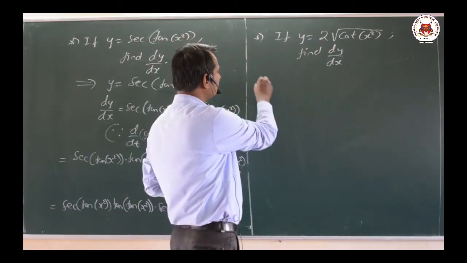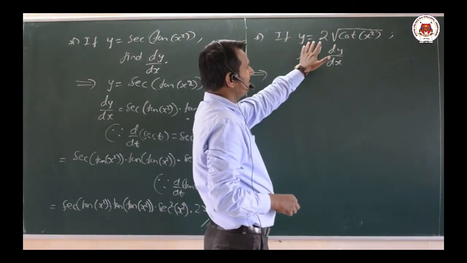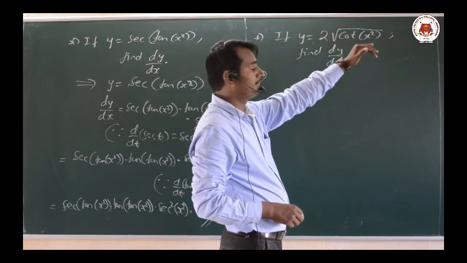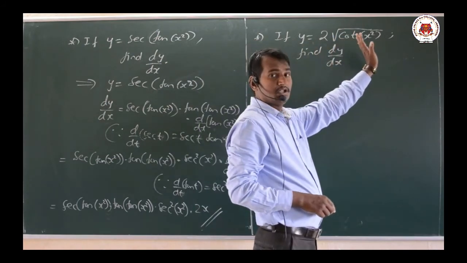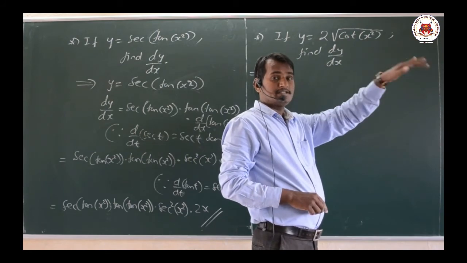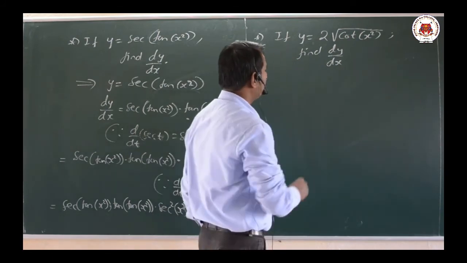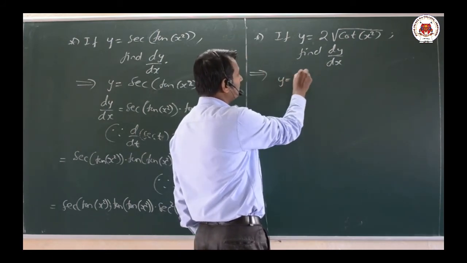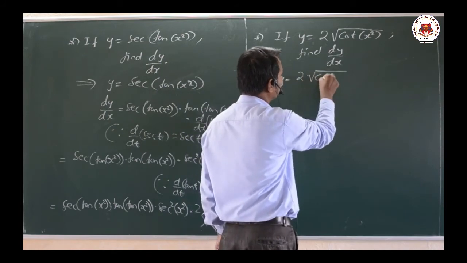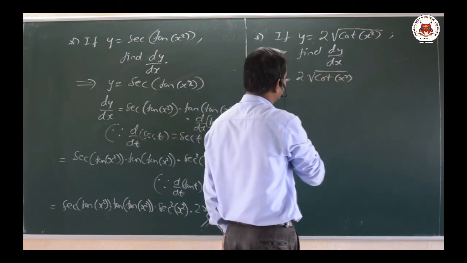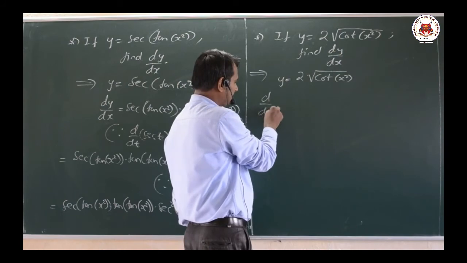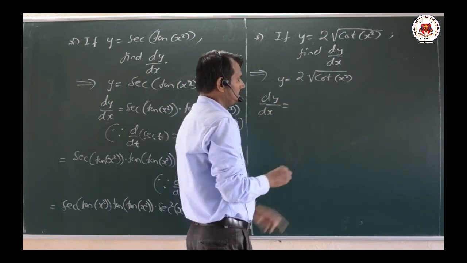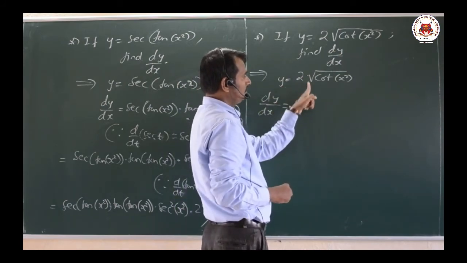So here we have y equal to 2 into root of cot of x square. Cot x differentiation is minus cosecant square x. So first of all dy by dx equals, I will keep this 2 as it is. First of all root differentiation.